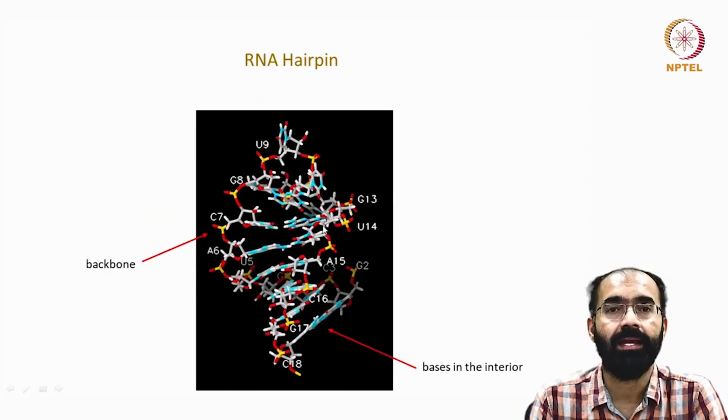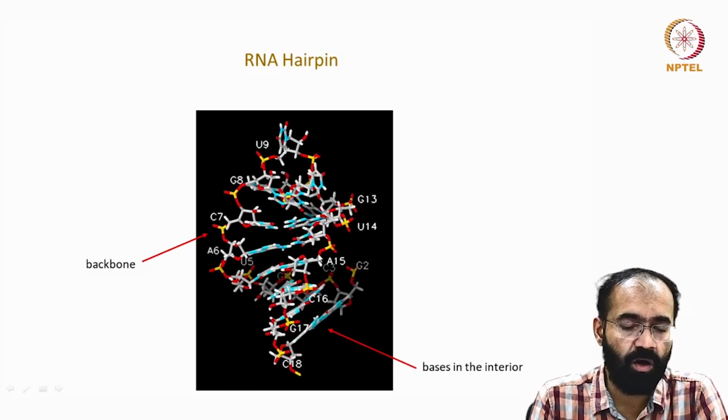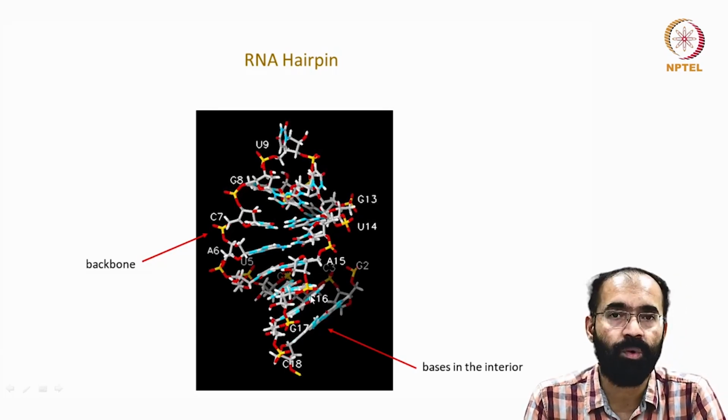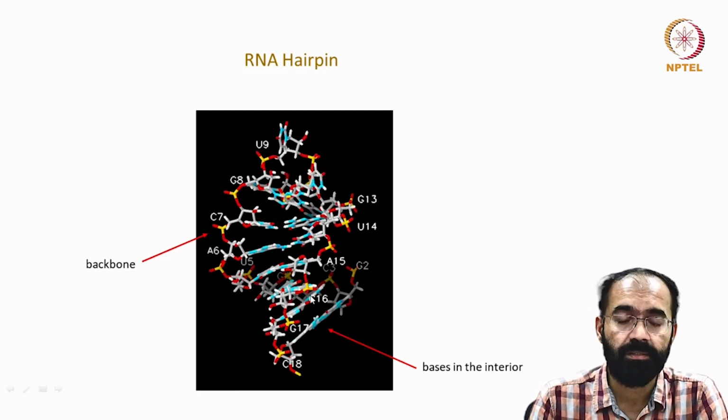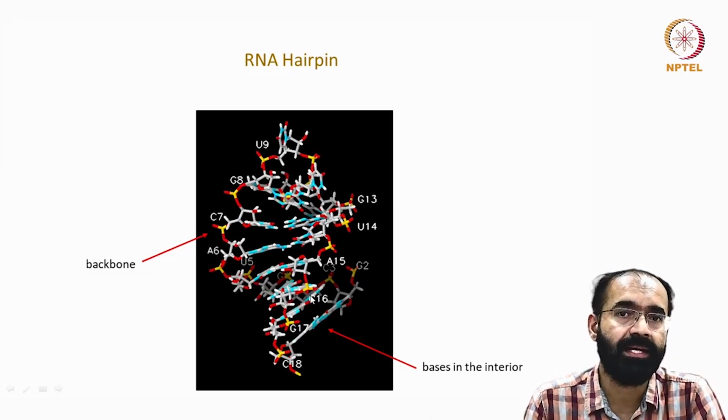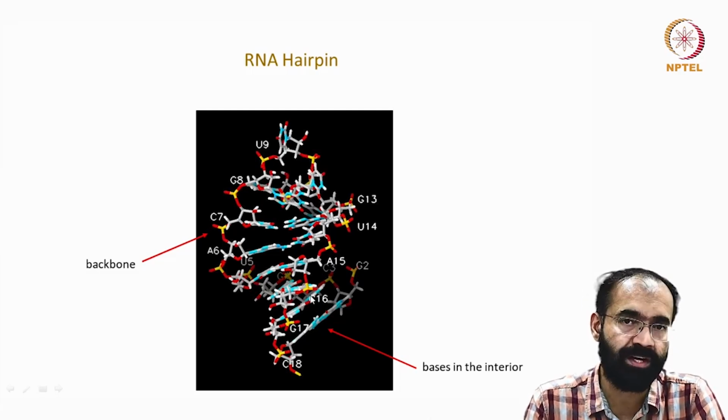So this is the molecular structure of the RNA hairpin, and it has a backbone and also unique bases in the interior, and both are important from a structure and function point of view, because the hairpin has to form in a unique fashion, not any random fashion.